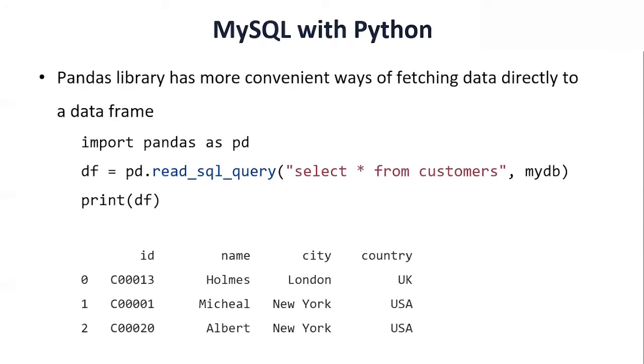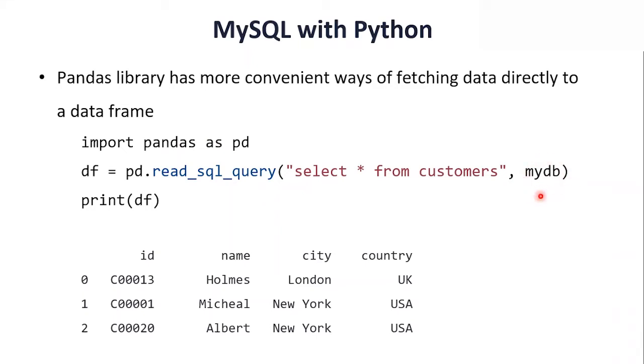Alternatively, if you want to use the pandas library, it has more convenient ways of fetching data directly to a data frame. So we can import pandas, and we can say pandas.read_sql_query. There's a function called read_sql_query in the pandas library. And to that, we can again specify the select query here as the first parameter. And as the second parameter, we have to provide that MySQL database connection object that we created before.